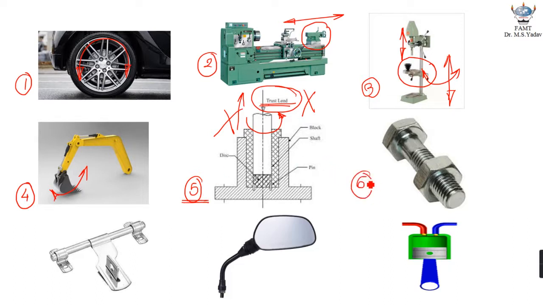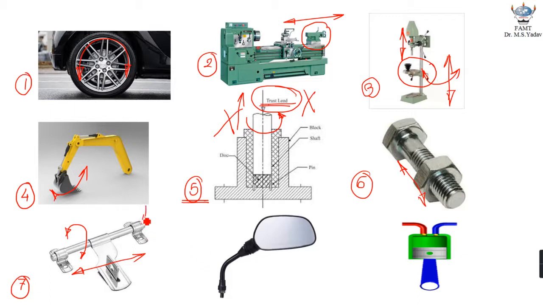Number 6 is nut and screw. Obviously in this particular case, motion between two links is limited to a definite direction. This nut can only advance with respect to the bolt, so this becomes the best example of a completely constrained motion. Number 7 is an incompletely constrained motion, because I know I can turn this one in clockwise or anti-clockwise direction. Similarly, I can slide it on, right? So this becomes the best example of an incompletely constrained motion.